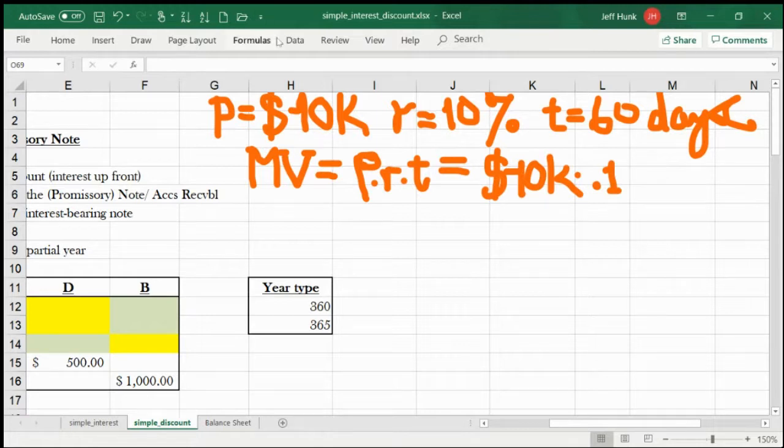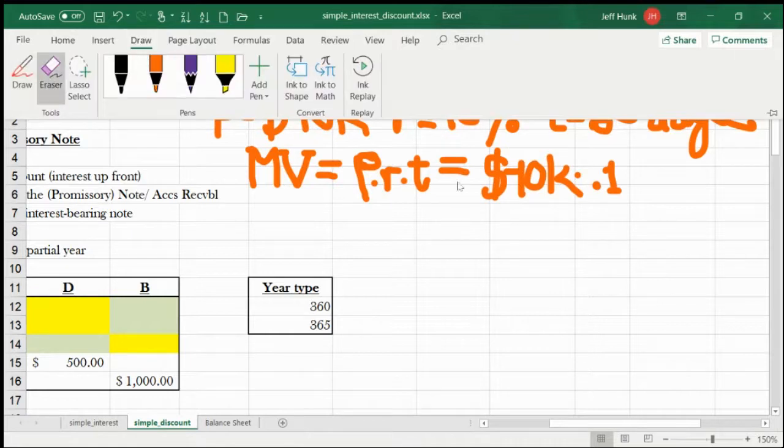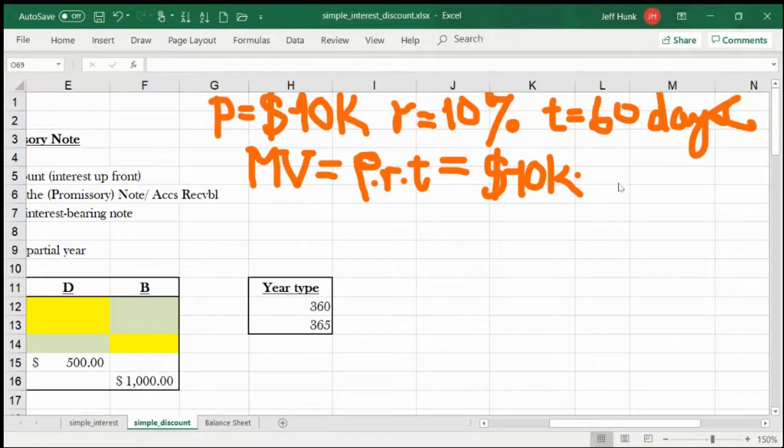I'm sorry, where is the eraser? 10K, that's not minus.